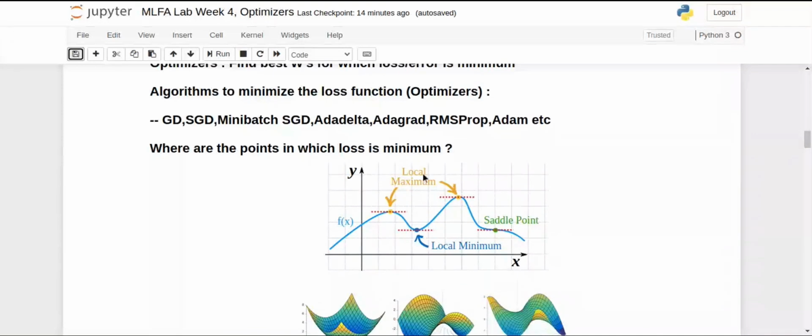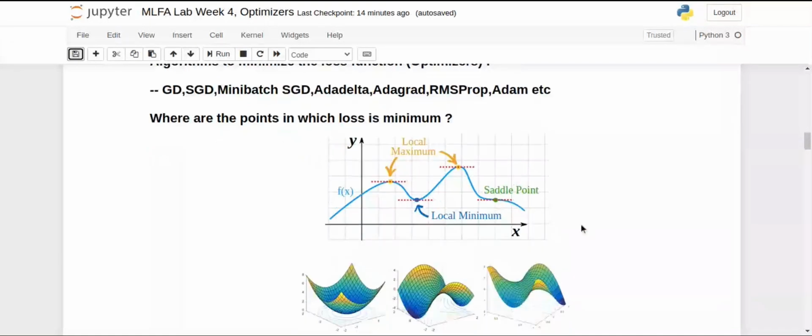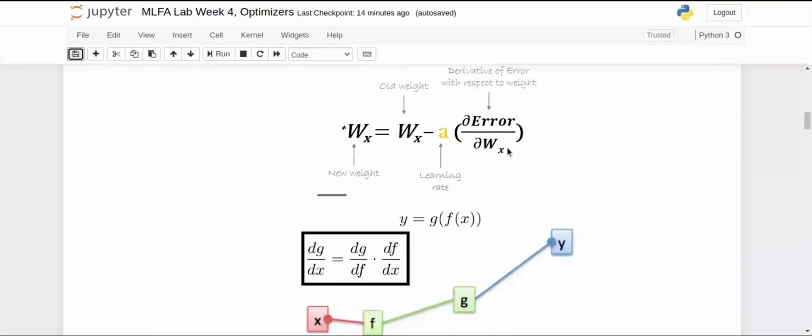That is why you can see several local maxima and several local minima. One more thing is the saddle point. As we all know, at local maxima or local minima, the slope is 0, or d error by dwx equals 0.